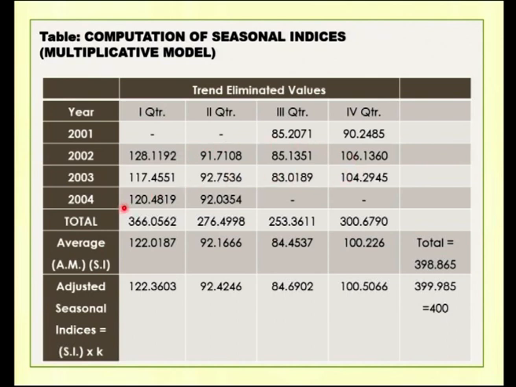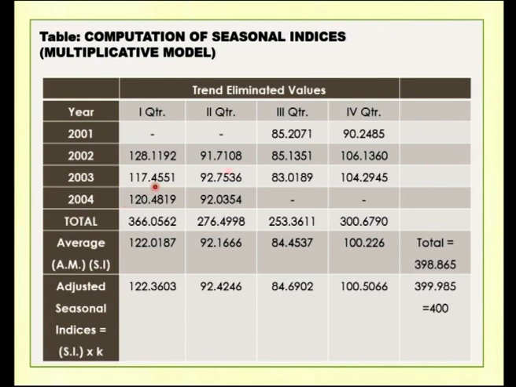Similarly, at the end for the year 2004, there is no value for the third quarter and fourth quarter. That is, these values are not available because of centering the averages. Okay. Now, these three are added: 128.1192 plus 117.4551 plus 120.4819.